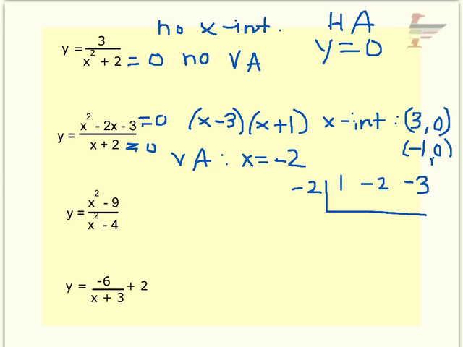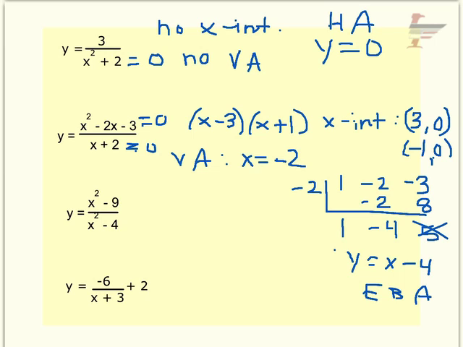Remind yourself you carry down, multiply by negative 2, add vertically, multiply by negative 2, and add vertically, and remember that the remainder doesn't matter. So y equals 1x minus 4, which I got from these coefficients, is my end behavior asymptote, EBA.